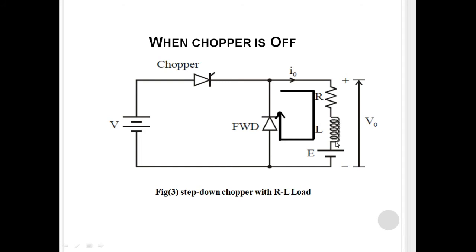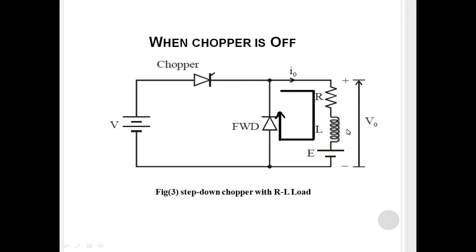At this time the current flows in the same direction, and the freewheeling diode starts conducting, but the output voltage across the load is equal to 0.